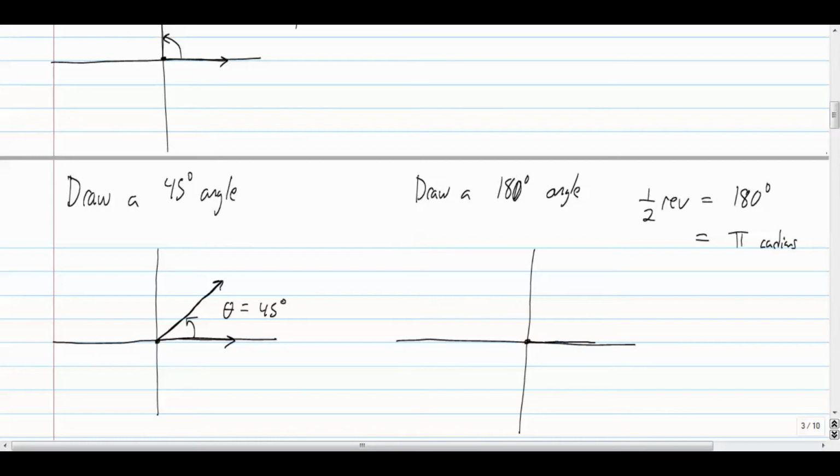This is a special angle. It's called a straight angle. Okay, so here we would have theta equals 180 degrees or pi.